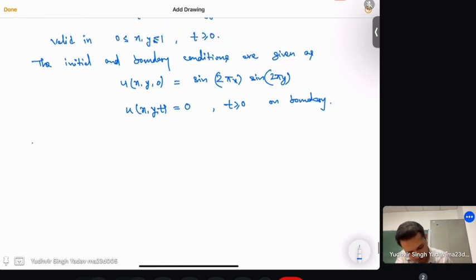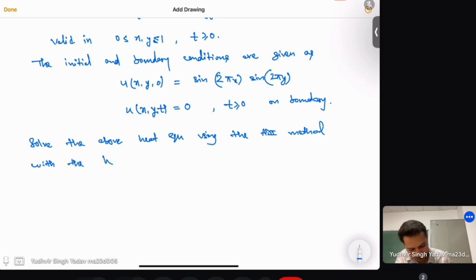Now you have to solve the above heat equation using the ADI method with the step size h equals 1 by 3 and lambda equals 1, up to one time level.